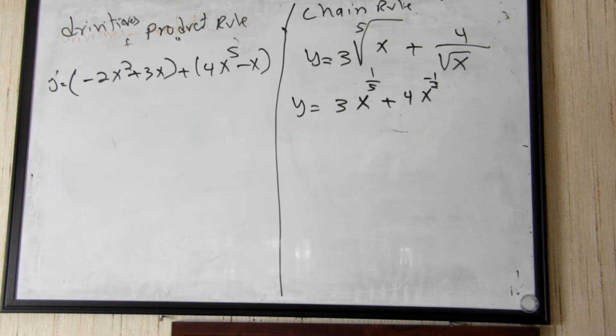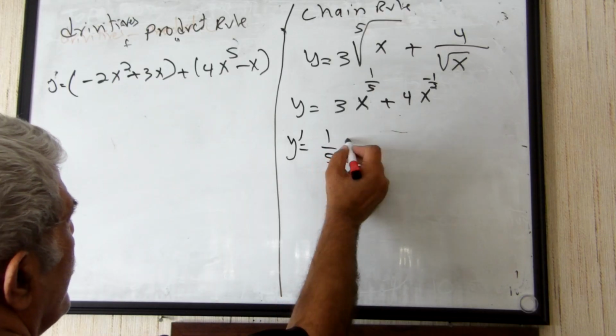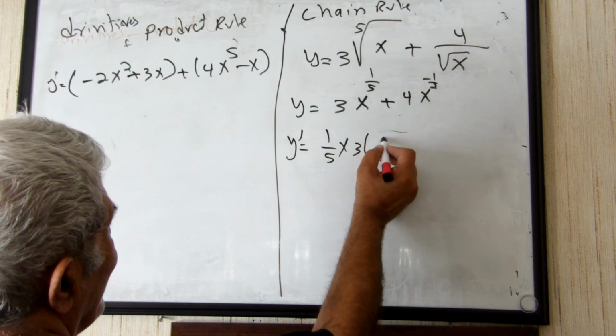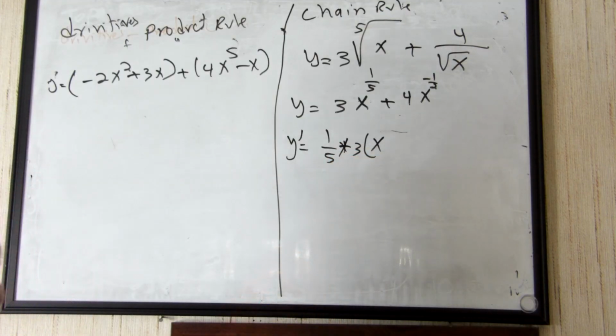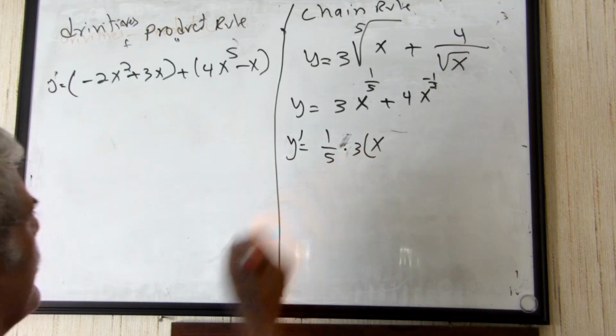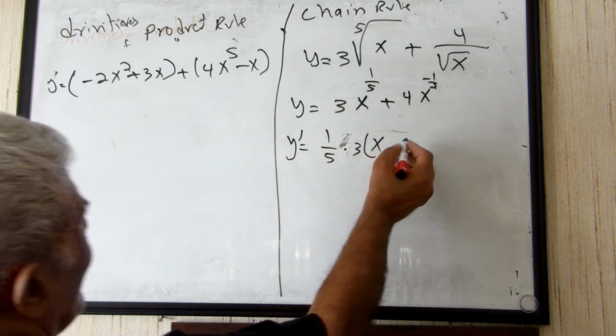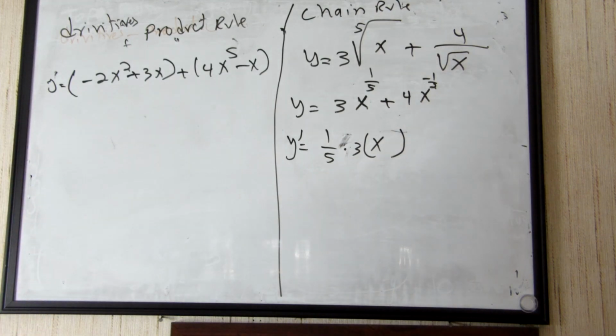And so now we get the derivative of this one. It's going to be 1 over 5 times 3 times x. This is multiplication, or you can put a dot. Times x to the power of 1 over 5 minus 1.